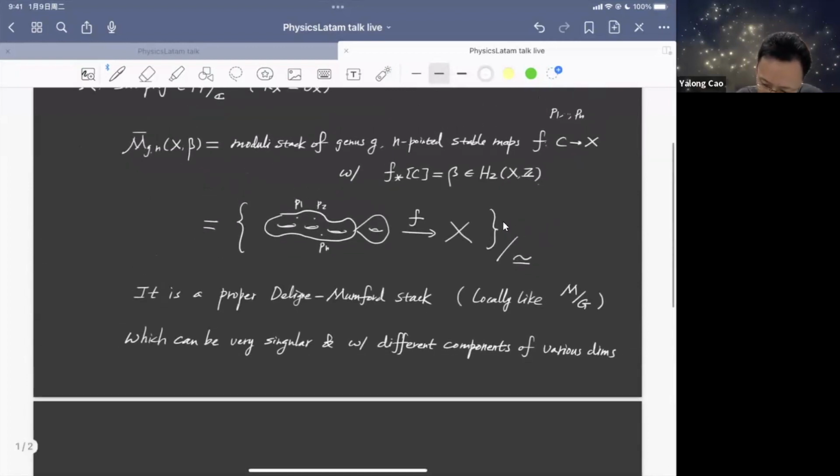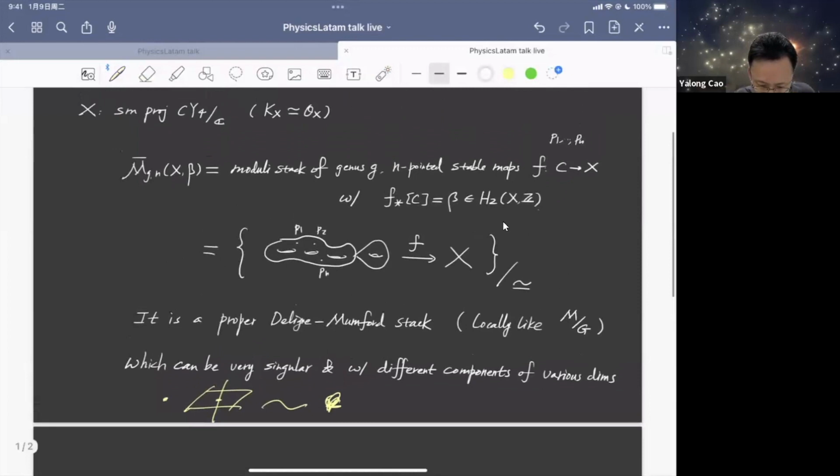So basically, this space could look like something like you have something here, you have this here. This typically can be the shape of the moduli space you have in mind. So you have several components with different dimensions, and it could be very singular.